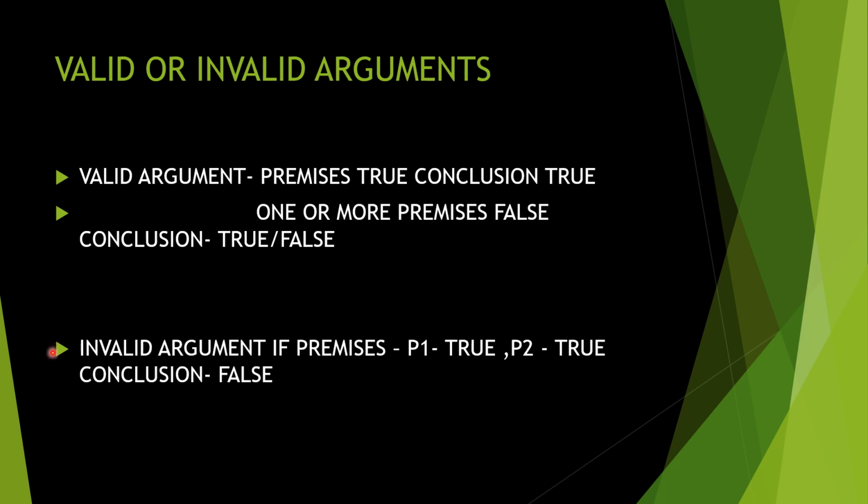An argument is invalid if premise 1 is true, premise 2 is true and the conclusion is false. That is TTF. If P1 is true, P2 is true and the conclusion is false, then that argument is invalid. Understood? You study this one, that is easy for you.